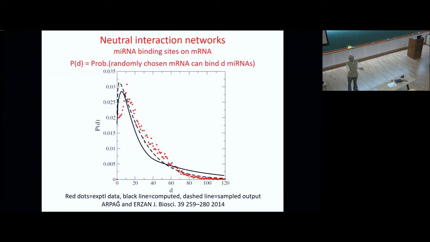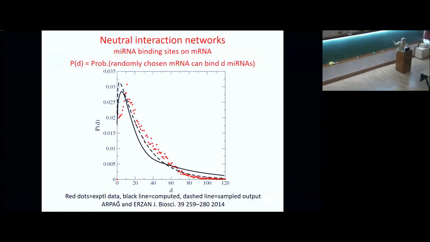You can do this experiment. It's a straightforward computer experiment. And that's the kind of probability distribution that you get, which you see there, which is one of the 2 black lines. There is some massaging of the results which explains the difference between the 2 black lines. But the point there is the red lines are the real data.